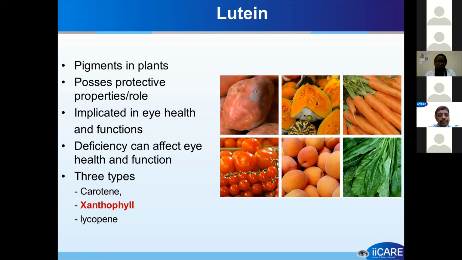So lutein is from the xanthophyll group, and it needs to be obtained through diet, or if diet is deficient, then through supplements.